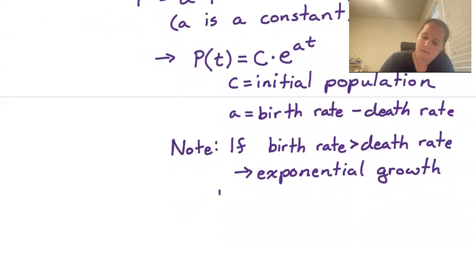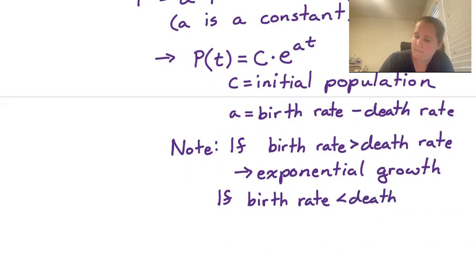And if the birth rate is less than the death rate, then we have exponential decay.